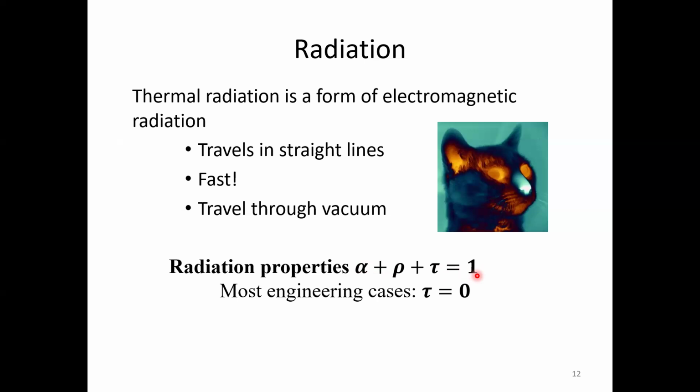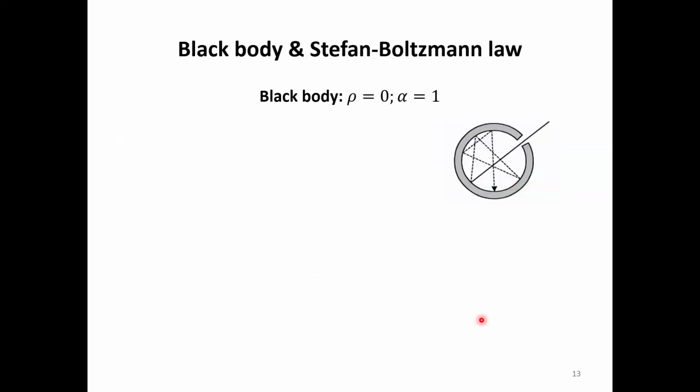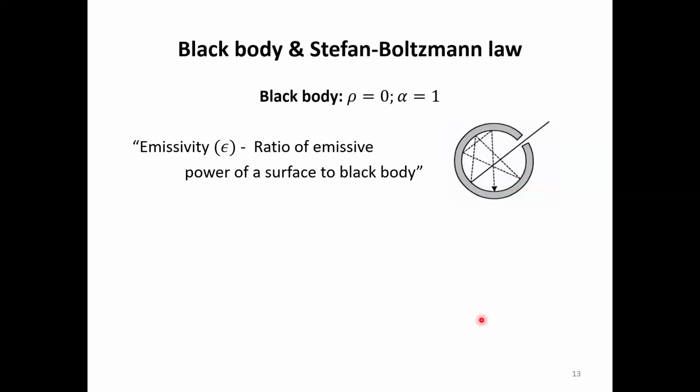Okay, and in engineering cases, your transmissivity is equal to 0. All right, so the objects that we are dealing with are not transparent, to put it simply. For that reason transmissivity is going to be equal to 0. All right, and we are going to define a concept called a black body, for which reflectivity is going to be equal to 0.